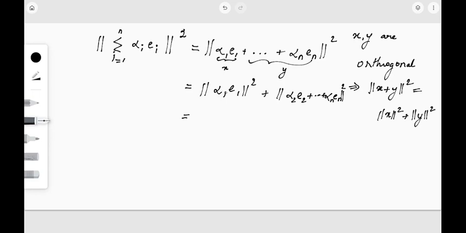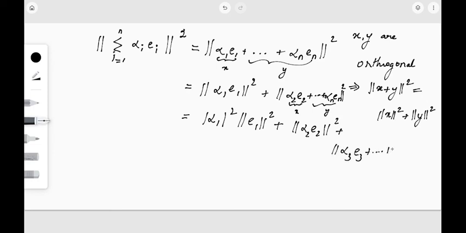Now by the norm property, this is a constant, so we get modulus alpha_1 common and squared, into the norm of e_1 squared, plus the second term. Again we consider this to be x and the remaining terms to be y and apply the Pythagorean law again. So we get the norm of alpha_2 e_2 squared plus the norm of alpha_3 e_3 plus etc. plus alpha_n e_n, squared. Now we know the set is normalized, so this value is 1.